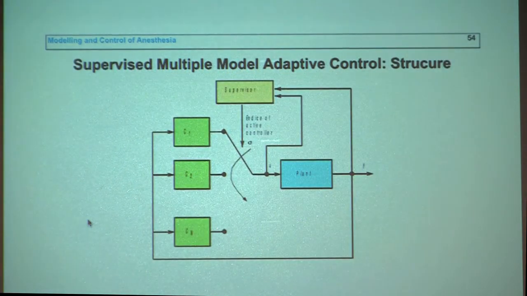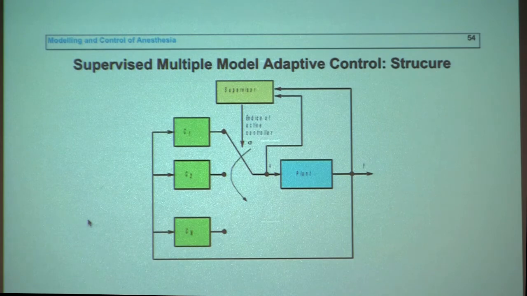Now, you have basically 2 families of ways to attack problems in which you have uncertainty. Either live with uncertainty, that's the robust approach, or try to reduce the uncertainty by learning from data, that's adaptive control. And in adaptive control you have many approaches.